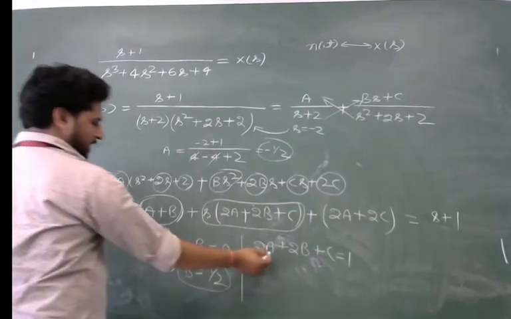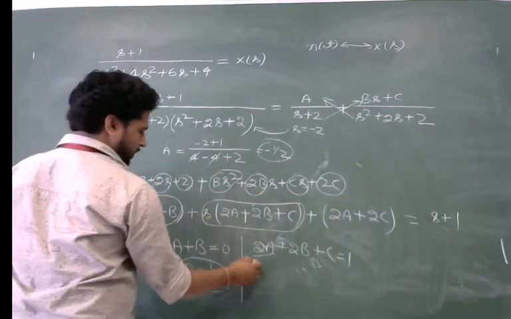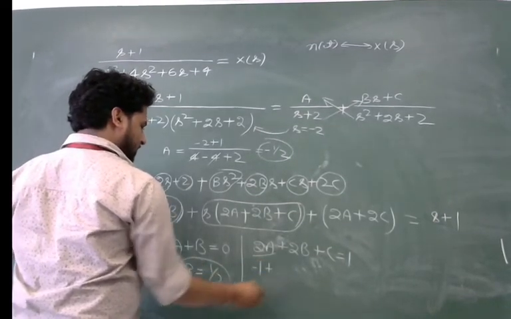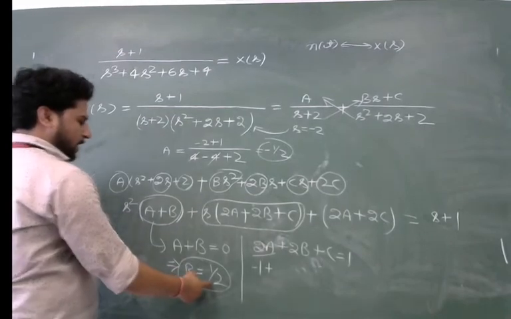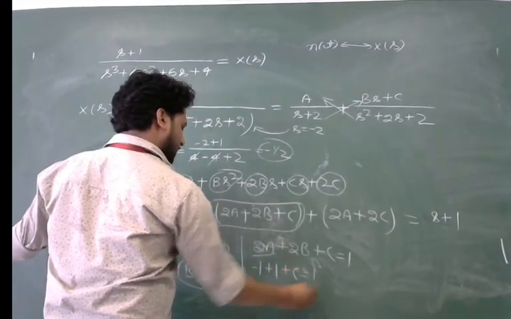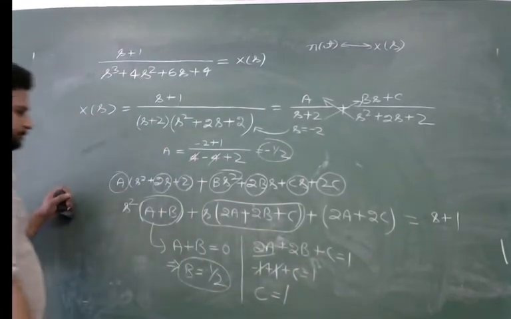The value of a is known, this is minus 1 by 2. So 2 into minus 1 by 2 will become minus 1, plus 2 into 1 by 2 will become plus 1, plus c equal to 1. It implies that the value of c is equal to 1.